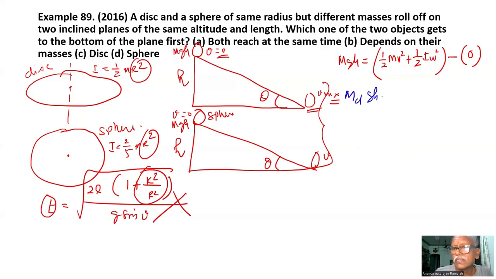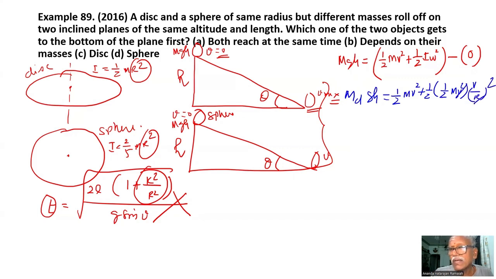M disk g h equals half m v square plus 1 by 2 multiplied by 1 by 2 m r square, multiplied by omega, which can be replaced by the final velocity v by r, whole square.